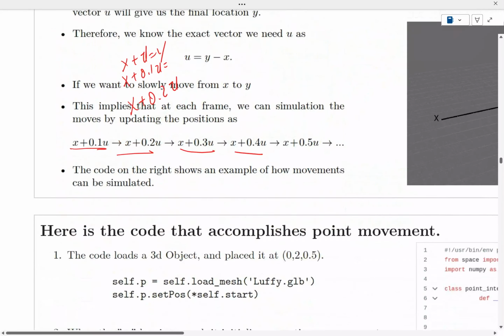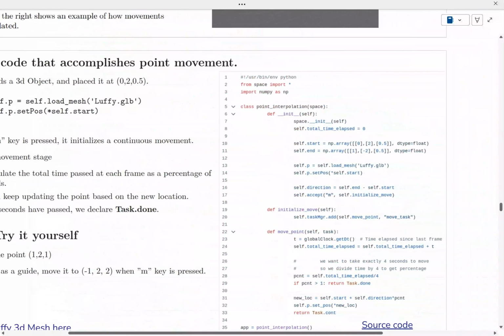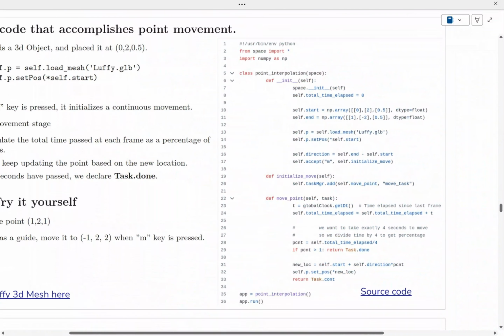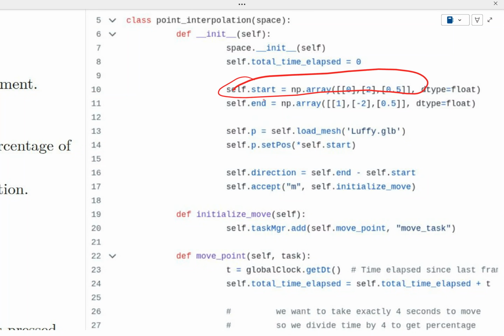Okay, so here's another example. Here's some code. Basically, I loaded a mesh. A 3D mesh is basically a 3D object. And then I positioned the 3D object at some starting point, and we're trying to reach some kind of endpoint. So whenever we press the M key, it's going to initialize the whole thing.